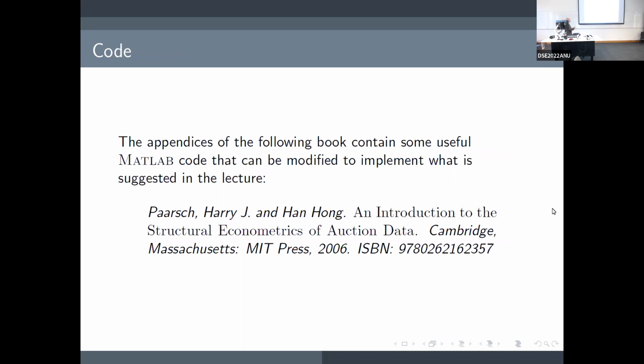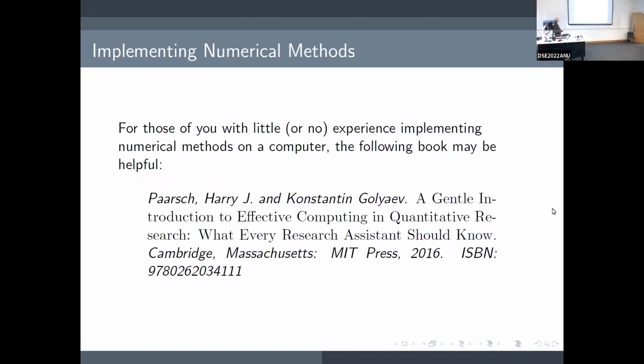I wrote a book with Han Hong a long time ago, and to implement what was in it, my former student, Ryan Haley, developed a suite of MATLAB code that you can use. And then if you don't know how to compute, which seems unlikely in this crowd, I have a book for people with no experience with Konstantin Golev.